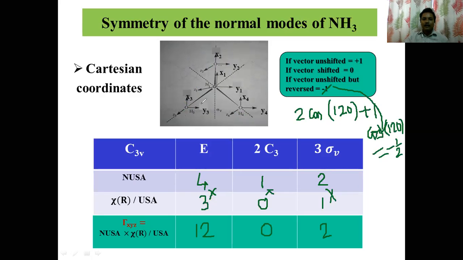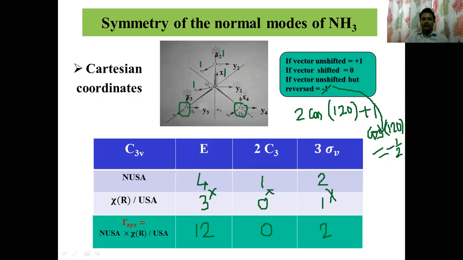Now look at here. These are going to be changing, so their contribution is going to be 0 overall here. Now for these two, this nitrogen and hydrogen, Z1 and X1 are not changing. Z2 and X2 are not changing because they are going to be on the XZ plane, right? So therefore their contribution is going to be 1 for each of them. So Z1 is 1, X1 is 1, Z2 is 1, X2 is 1.